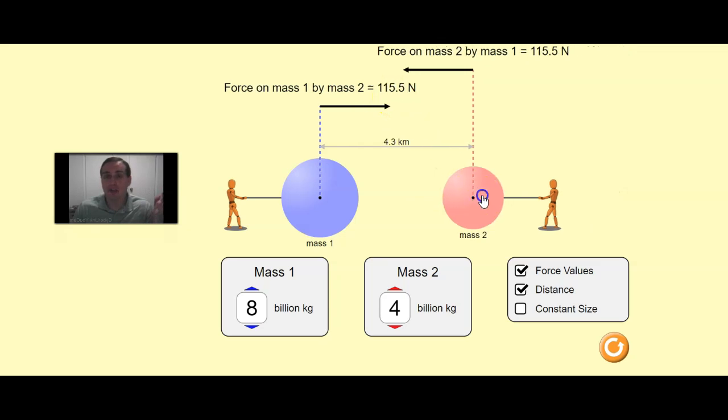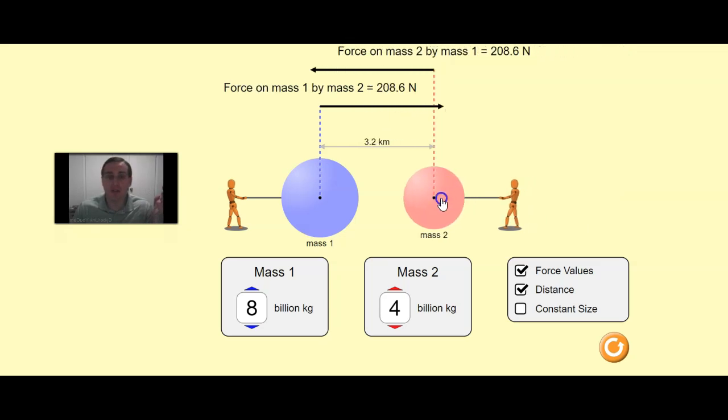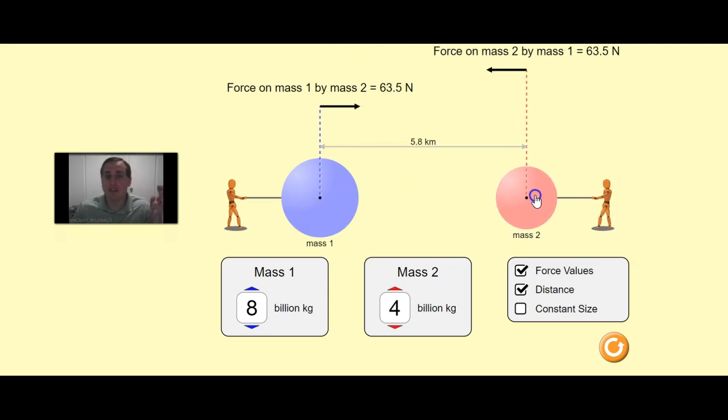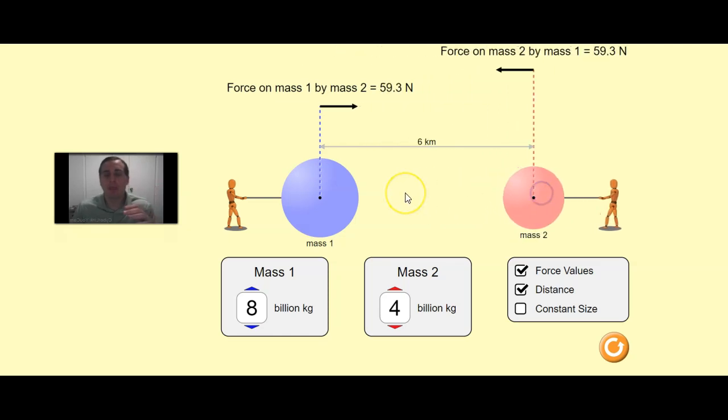Notice that to go from 3 kilometers to 6 kilometers, we get a decrease to 1/4. So radius, that is, the distance between the centers of the masses, matters a lot more for gravity force than do the masses themselves.